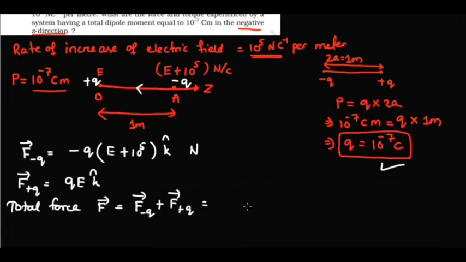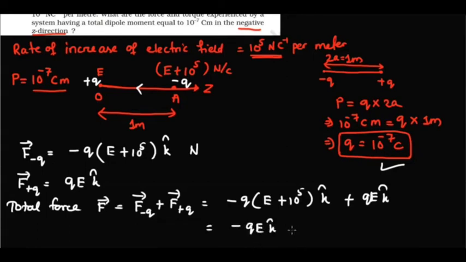F minus q vector is minus q into E plus 10 to the power 5 into k cap, and F plus q is q E k cap. So you can write this as minus q E k cap, then minus q into 10 to the power 5 k cap, plus q E k cap.